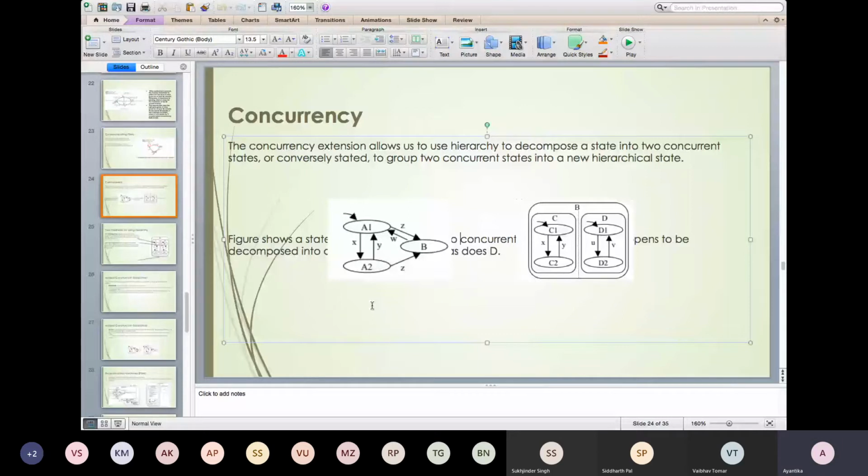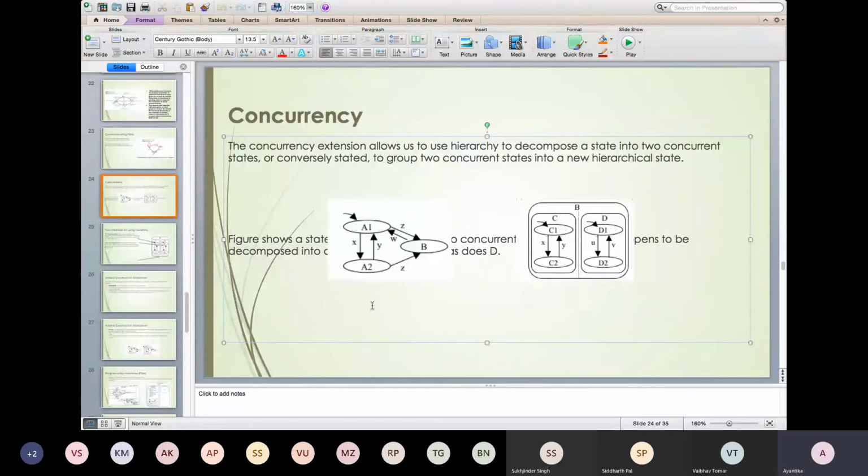And in your complex design, you have to ensure that all these sub-FSMs communicate as per their requirement. So here you can see that C1, C2 are just inside C, and D1, D2 are just inside D.